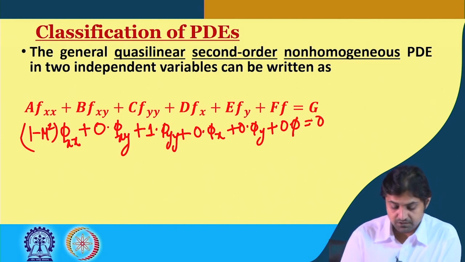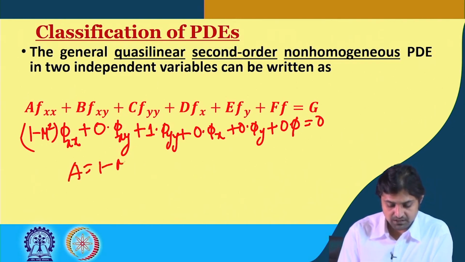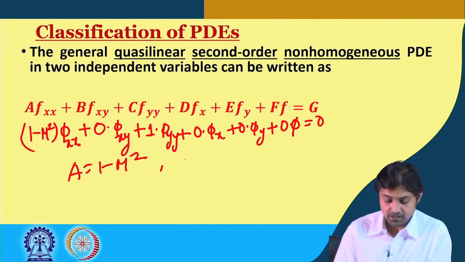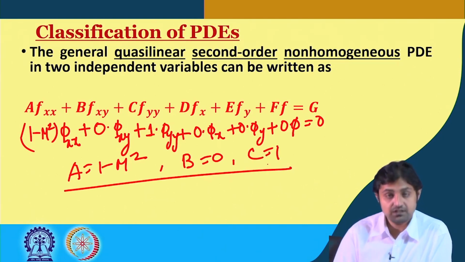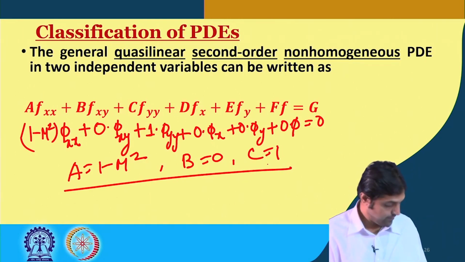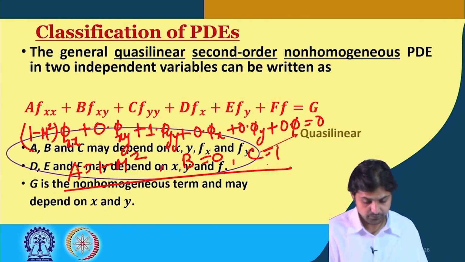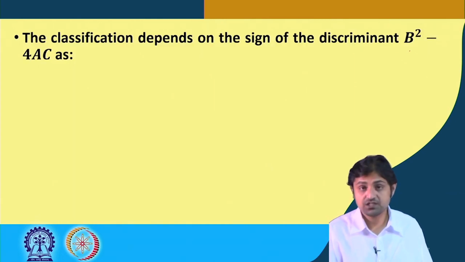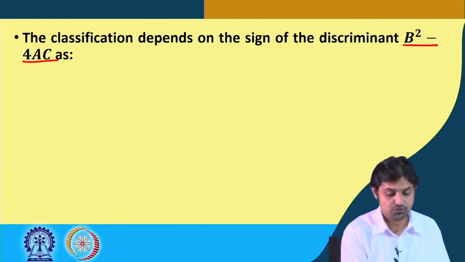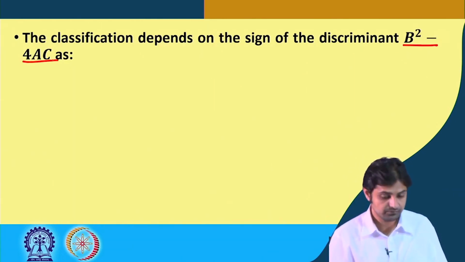So when we write down, A is 1 minus m square and B is 0, okay, and C is 1, because only these three terms are being used in the discriminant, because you see the classification depends on b square minus 4ac, right?